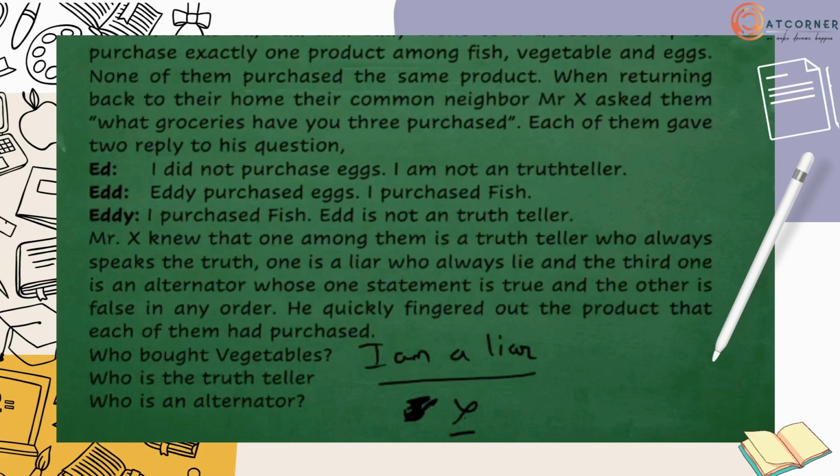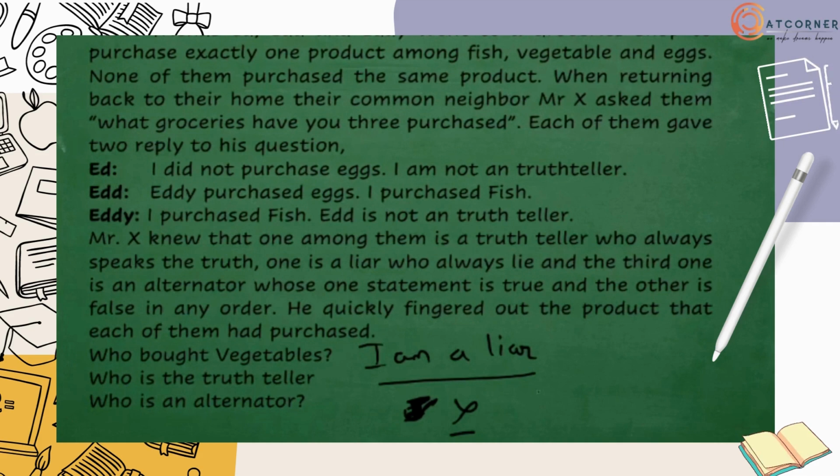And if he's not a liar, he cannot also be a truth teller, because the statement he has said is a false statement. That means the third thing he can be is an alternator, or else he can be a random also, if given. So whenever there is a statement "I am a liar," the statement will be false and that person will be either an alternator or a random, if the condition is given.